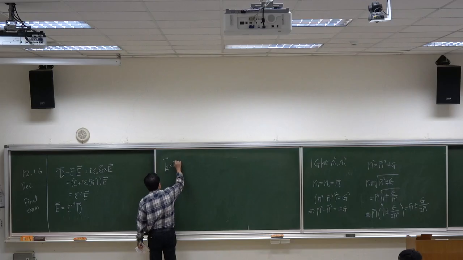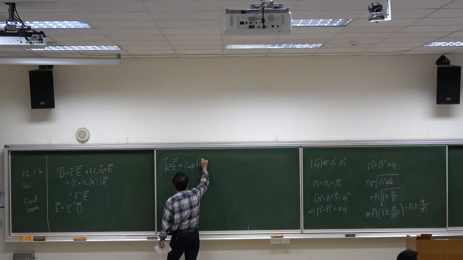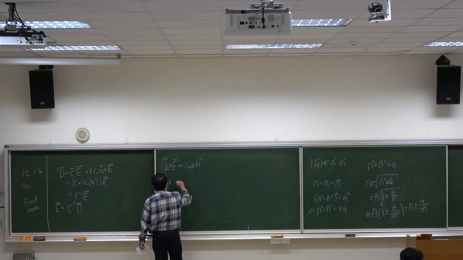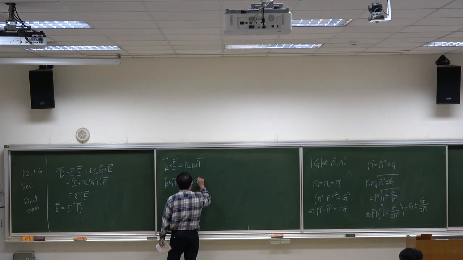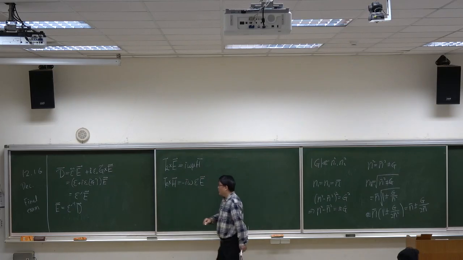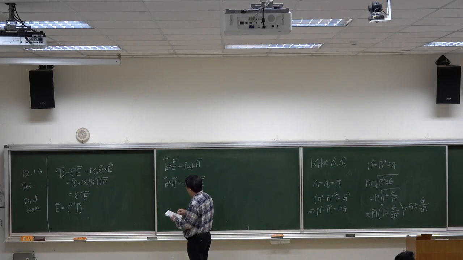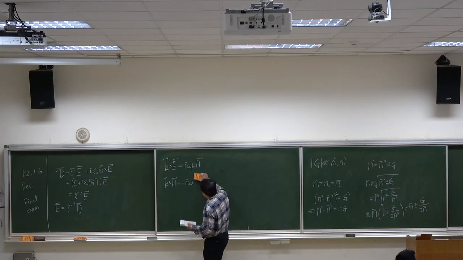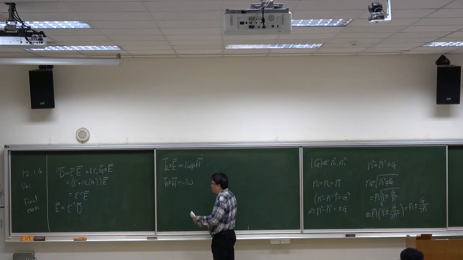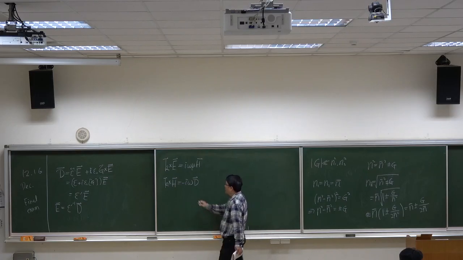Since we have these two equations, so we can write, although we can use E vector as our variable, we can instead use D as our variable.